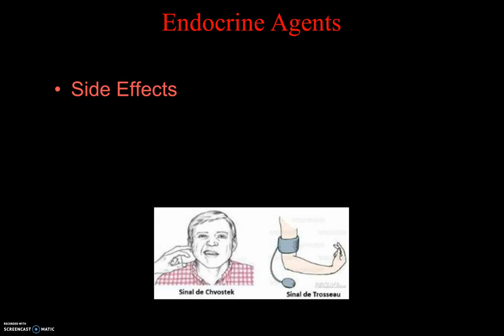Side effects. If you're going to see side effects from this medication, it's going to be usually manifested as a toxicity or hypercalcemia, meaning too much calcium.